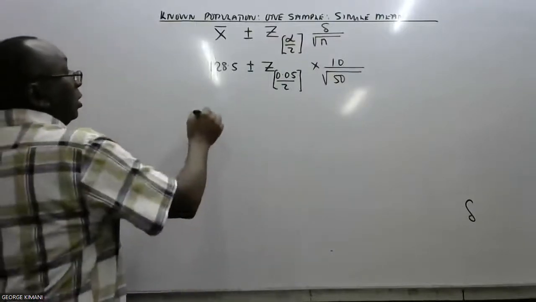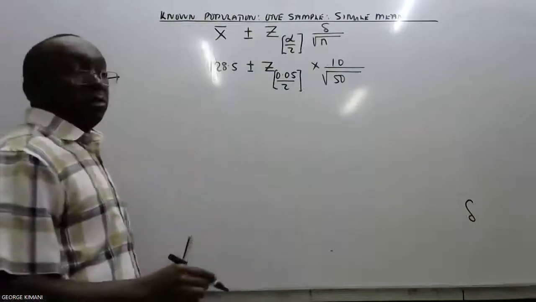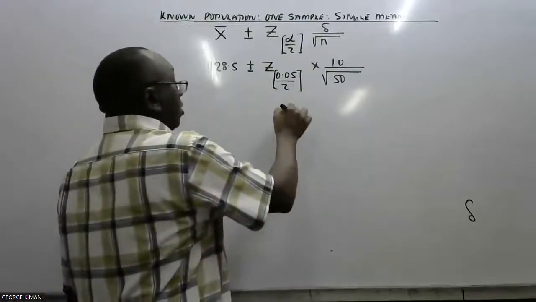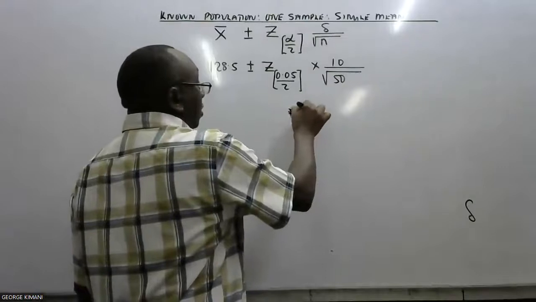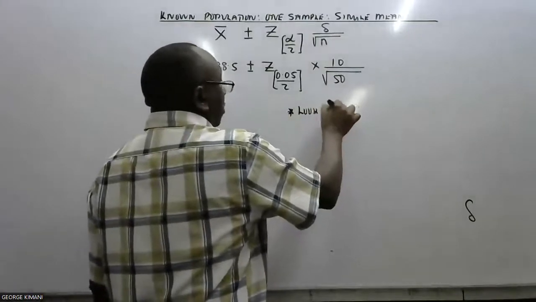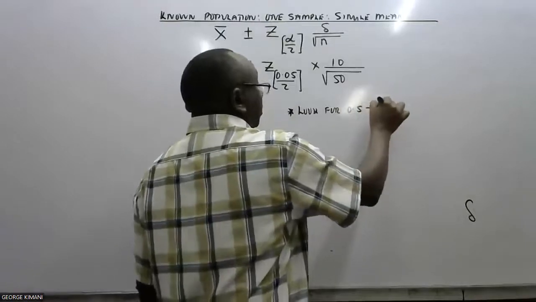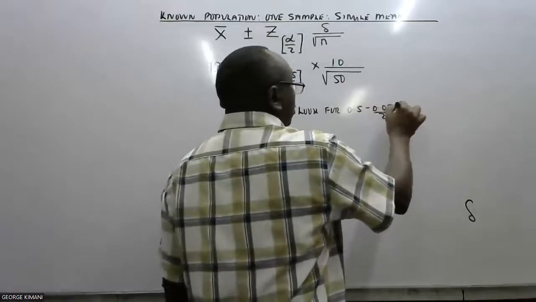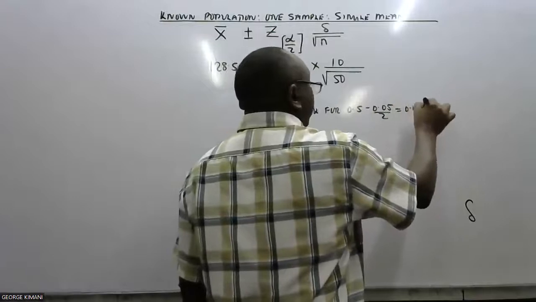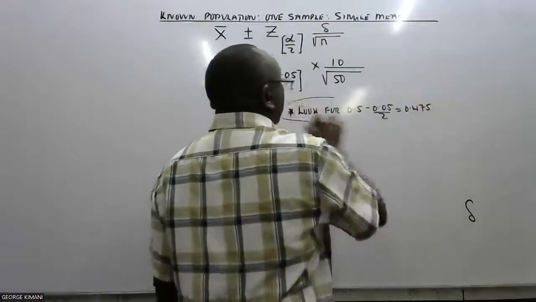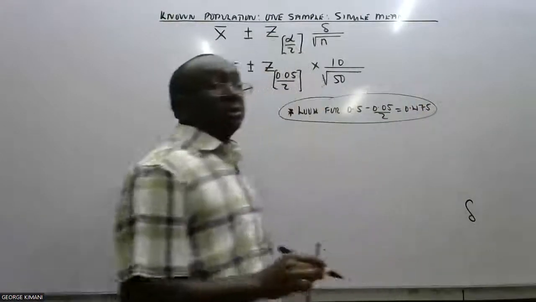So, when you go to the tables, you will look for 0.5 minus 0.05 out of 2, which is 0.475. Square your normal tables.